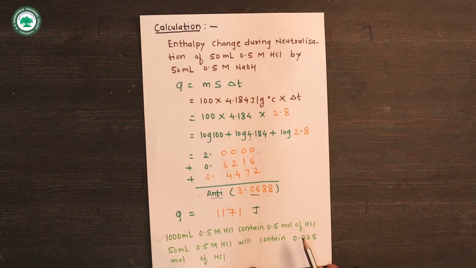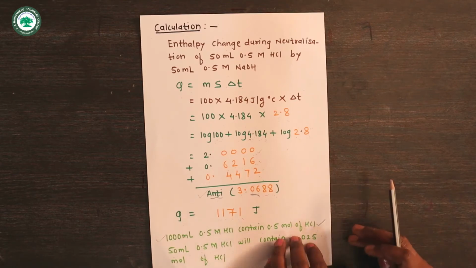Now let us consider the standard equation. 1000 ml of 0.5 molar HCl solution contains 0.5 mole of HCl. In this experiment we have considered 50 ml of 0.5 molar HCl for neutralization with 50 ml of 0.5 molar NaOH, and so 50 ml of 0.5 molar HCl will contain 0.025 moles of HCl.